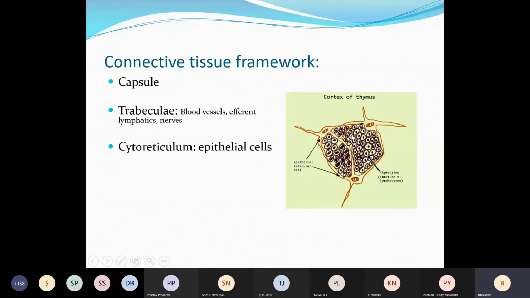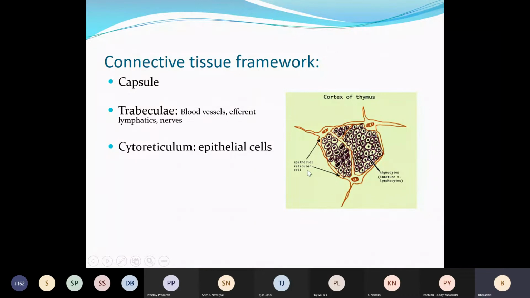Within the thymus you can see the cells. They are called thymocytes or immature T lymphocytes. These cells are present within the lobule of thymus. Covering the lobule, what you are seeing here are epithelial reticular cells.